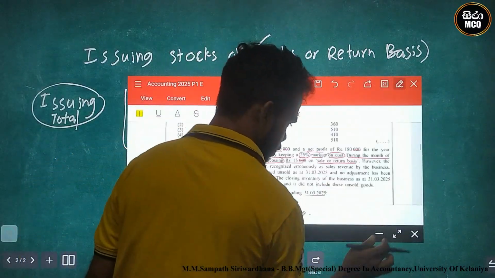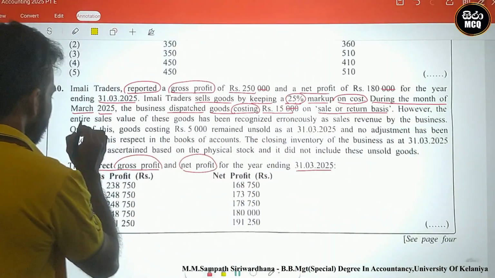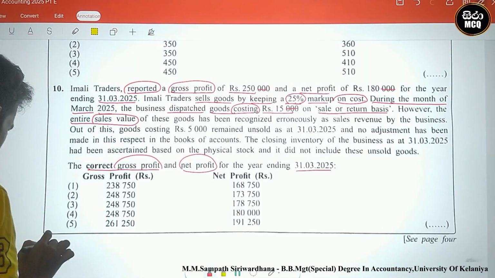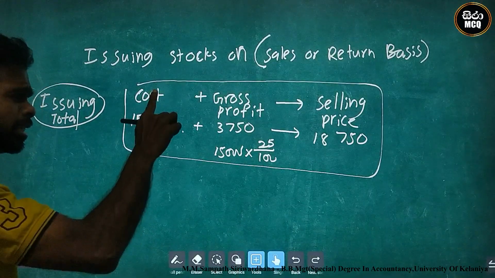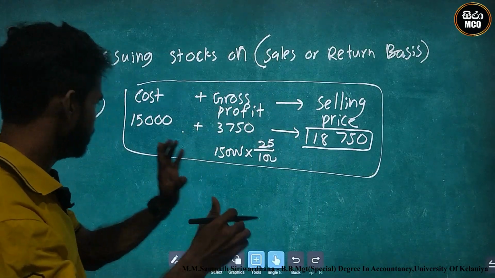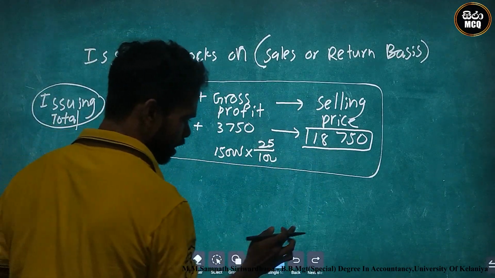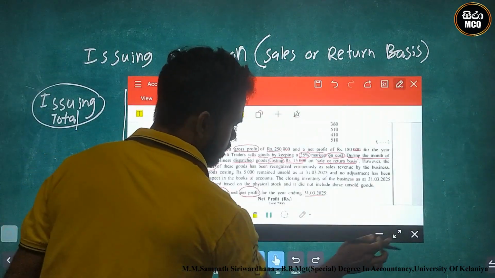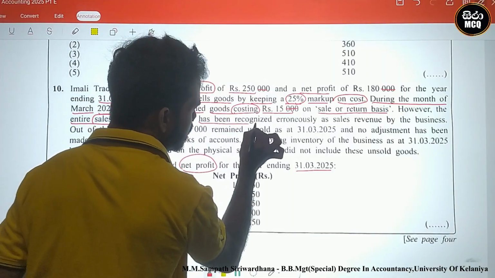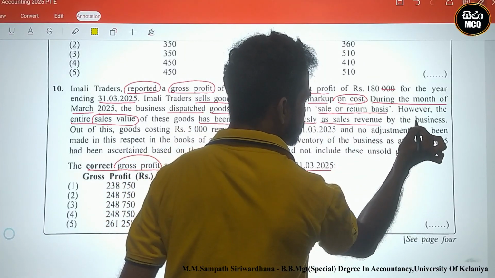What's the next point? However, the entire sales value of these goods, 18,750, has been recognized erroneously as sales revenue by the business.